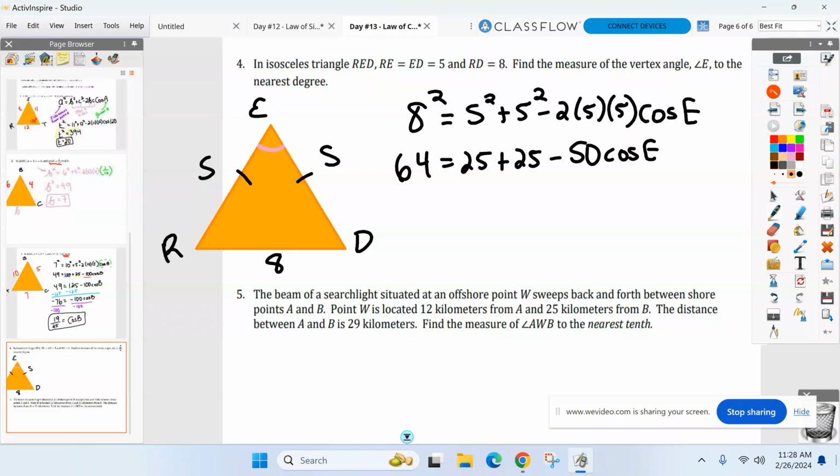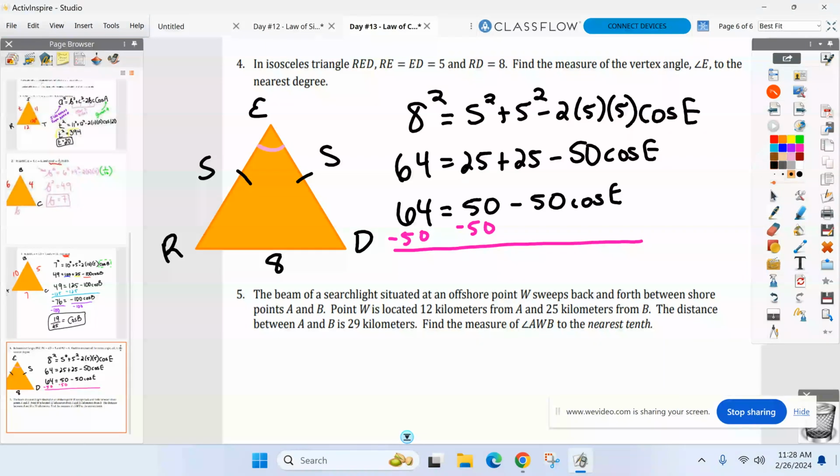We can only combine the first 2 terms, 50 minus 50 cosine E. I know it's tempting to write a 0, but even if you did, what are you going to do there? So don't combine them. But let's move the 50 over. 14. Don't forget the negative, common mistake.